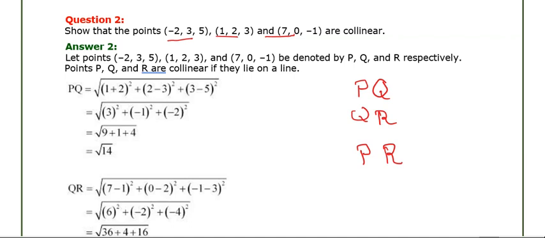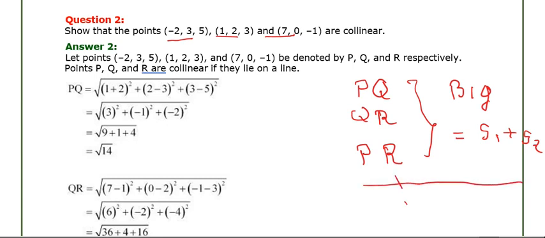If you take all 3 distances, then the addition of the big one equals the addition of the 2 smaller ones, S1 and S2. If you are getting this, then these 3 points are collinear. It could be in any form, P, Q, R. I don't know in which format they are.